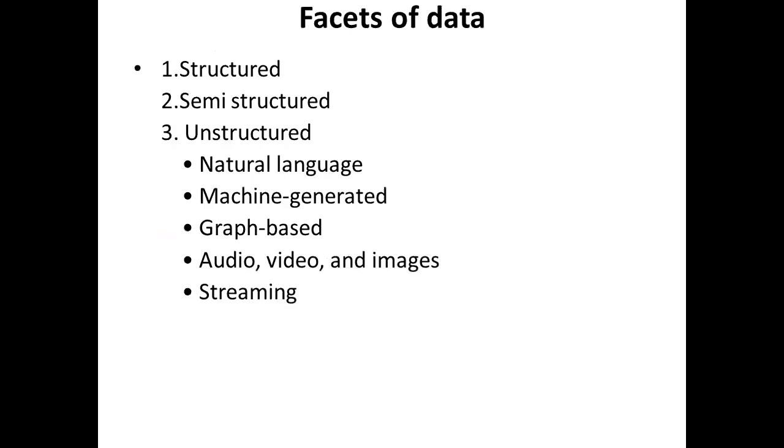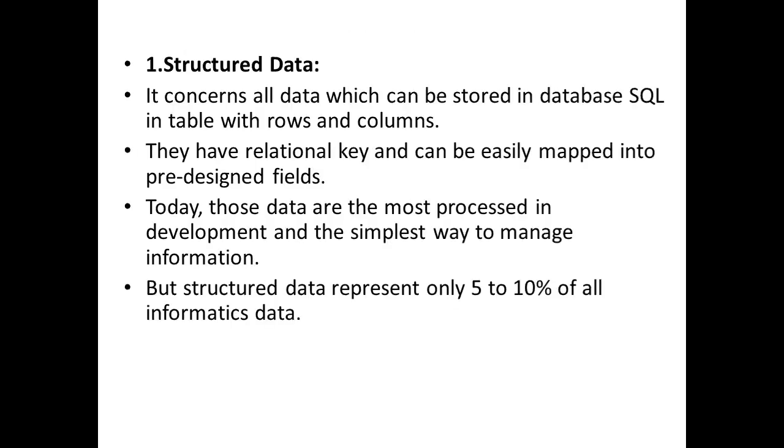And the different facets of data. Different facets of data means the different data structures. The data may be structured, semi-structured, or unstructured. We will discuss now what is structured data. Structured data concerns all the data which can be stored in a database, SQL, in tables with rows and columns.